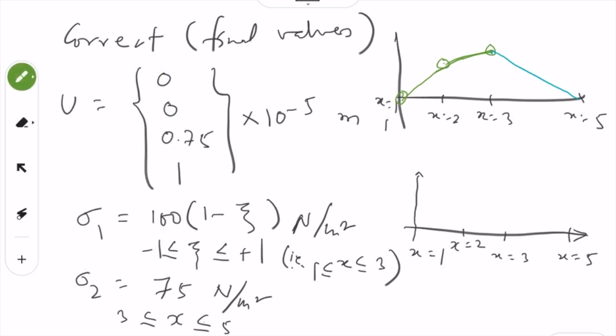If you see this value, it goes from xi equal to minus 1, so minus 1 plus, it becomes 200. So it starts from 200 and goes to 0, like this, and this one is 200 Pascal.